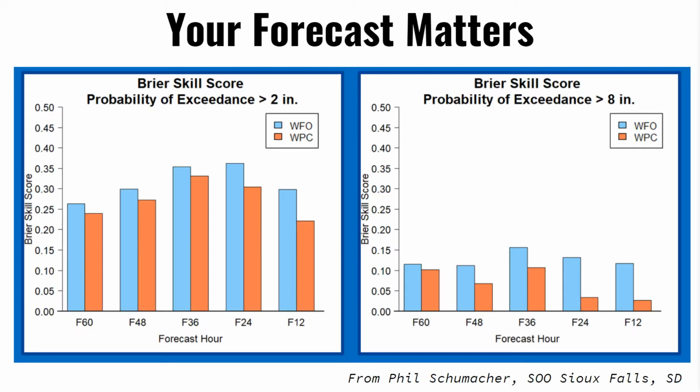In fact, these 2 graphs provided to us by Phil Schumacher show the Brier skill score between WPC, the orange bars, and the WFO, the blue bars, for 2 probability thresholds, 2 inches and 8 inches. It should be pretty clear that your forecast as the mode provides a better forecast.